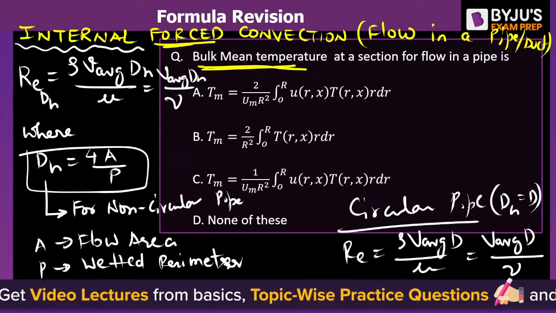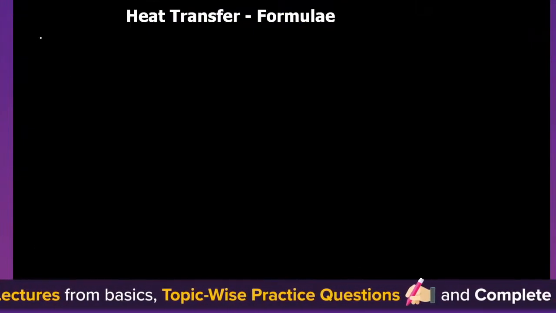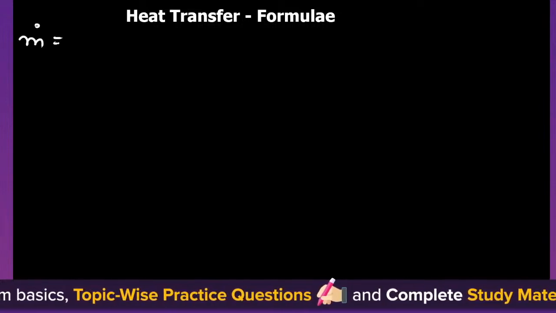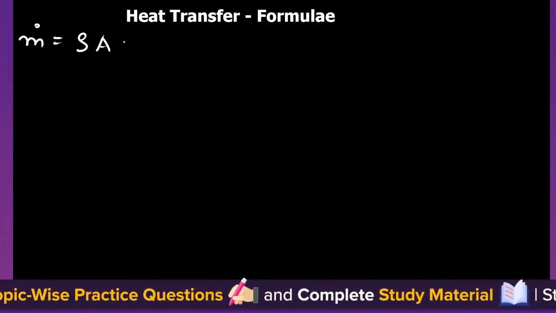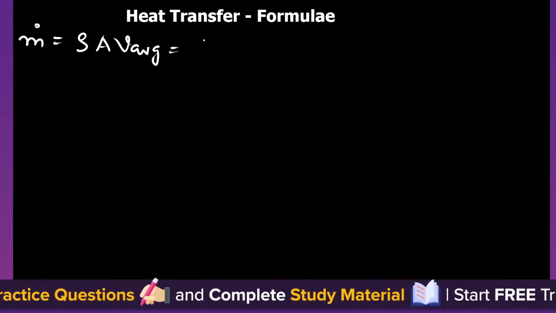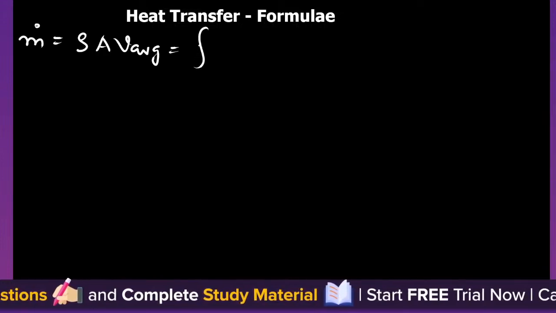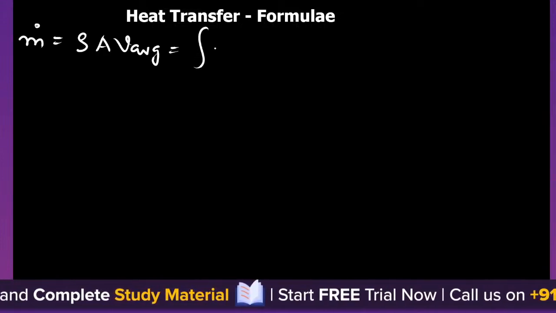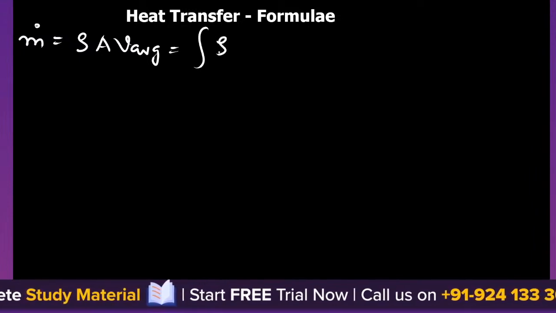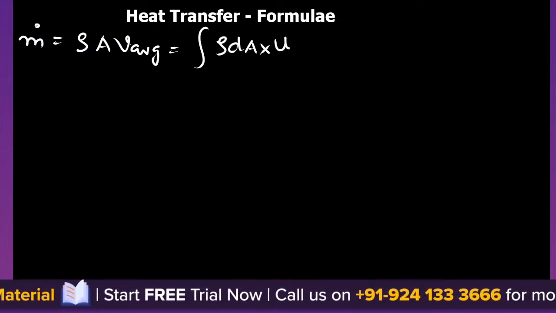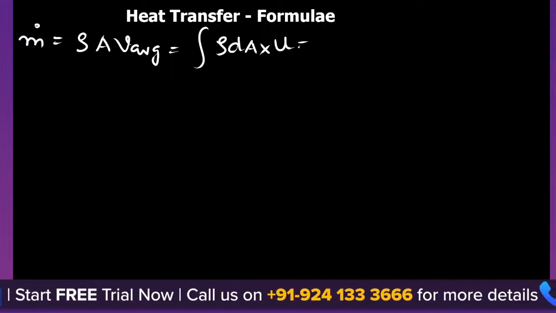And there are two terms defined. One is the average velocity. The mass flow rate, equal to rho into A into average velocity, should remain constant. The flow of mass through a particular section remains constant. So rho into dA into U, which is a function of R, remains constant.